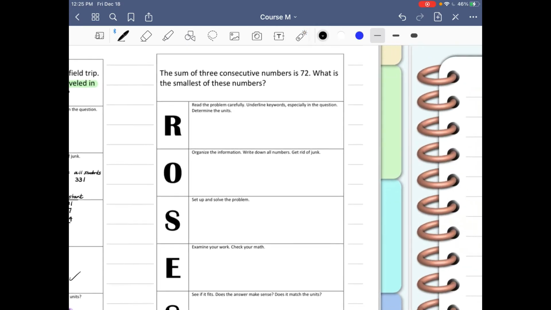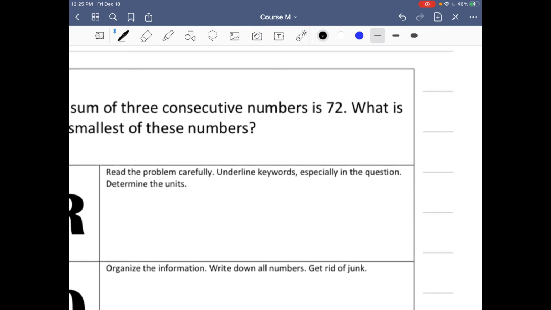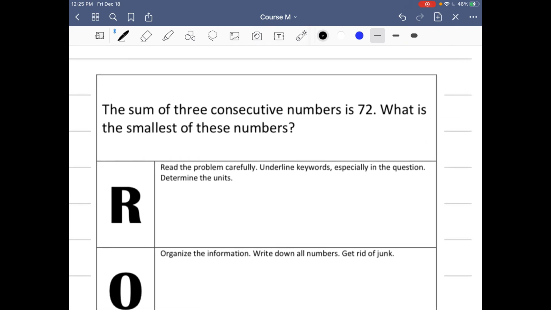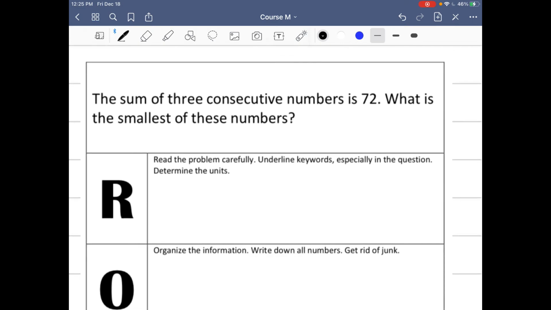Okay, the next one is called a consecutive numbers problem. These are very, very common in algebra books. The sum of 3 consecutive numbers is 72. What is the smallest of these numbers? So we are looking for 3 numbers, but in particular we're looking for the smallest of the 3 numbers.